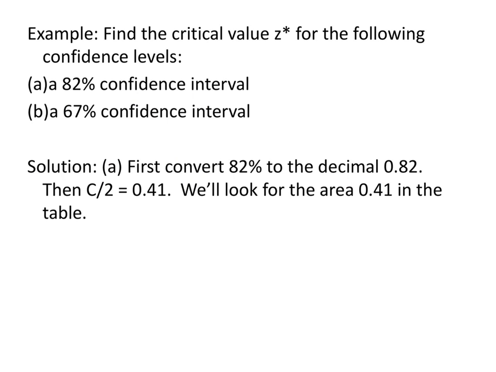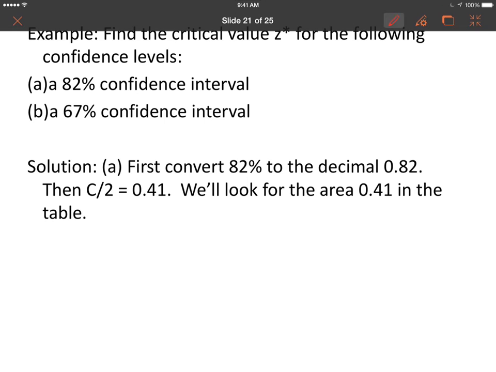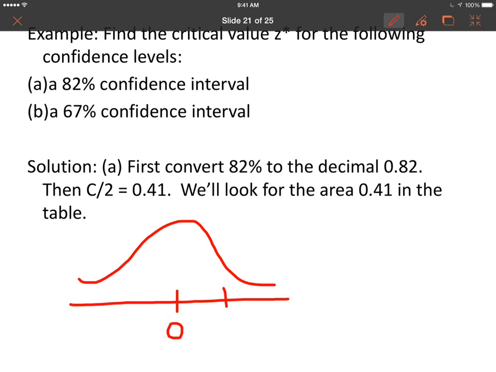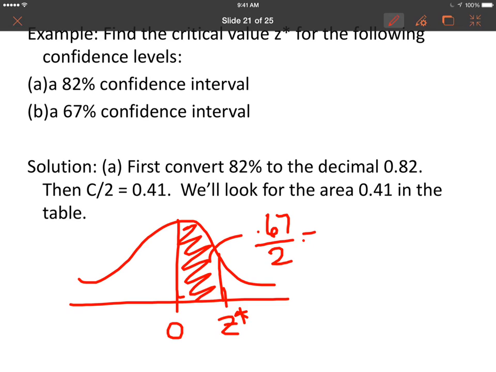Okay, so what was the other one that we wanted? We wanted a 67% confidence interval. So again, think about your picture. Here's my normal distribution, 0, z star. Now the area that I'm looking for is 0.67 divided by 2, which is 0.335.